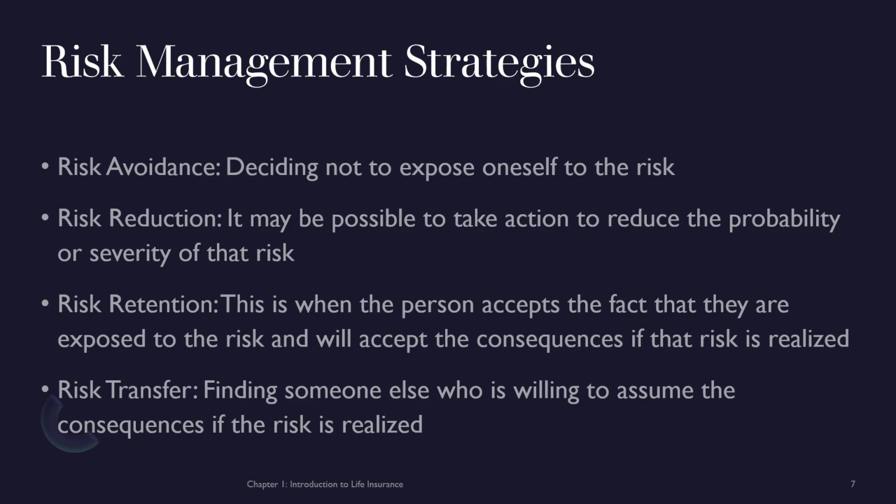The insurance company just takes on the risk of that financial impact if that person does pass away. And so those are all of the main concepts in Chapter 1 of the Life Insurance module.